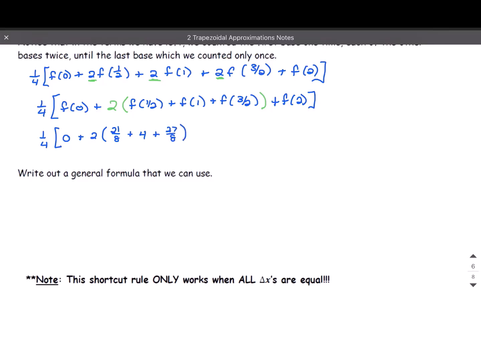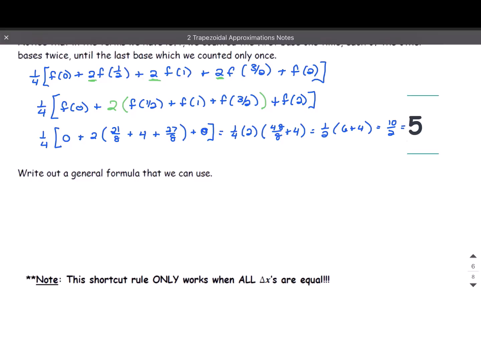Then I'm going to close this plus f of 2, again in my graph and my calculator, I know it's 0. Okay, so that's going to give us 1/4 times 2 times 48/8 plus 4. That's 1/2 times 6 plus 4, which is 10/2, or 5/2.